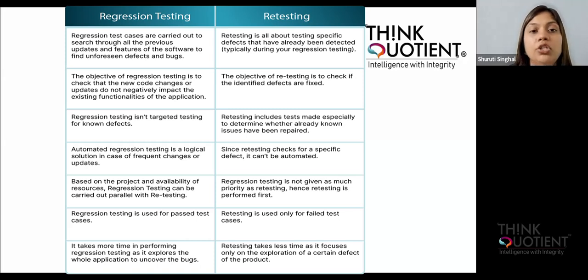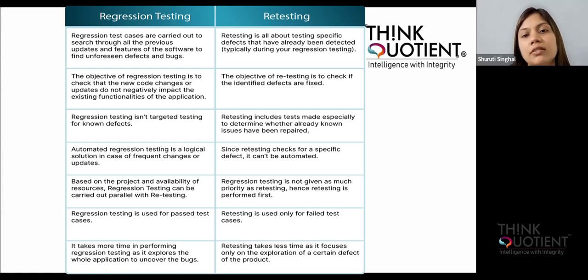So what is the objective of regression testing? To check that the new code changes have no negative impact on my existing functionality. Whereas retesting is to just check that whatever defects we have identified are fixed. So regression testing isn't targeted testing for defects, whereas retesting is just for the defects, right? So automated regression testing is a logical question because of frequent changes and updates.